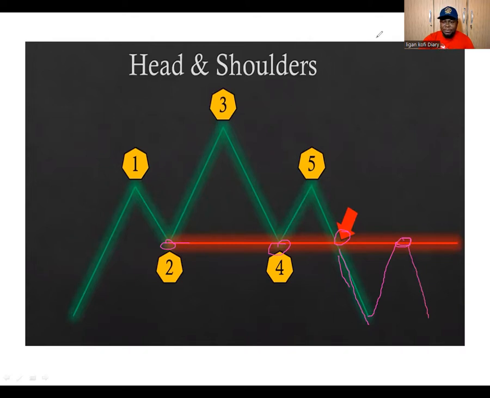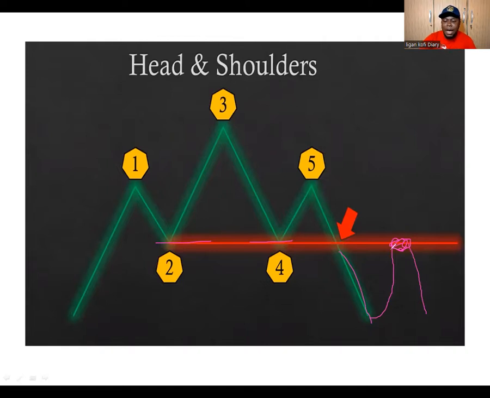I repeat, after it breaks this neck over here, and comes down here like this, and then it reverses back to that neck, whatever is going to be the action of the price over here will determine whether you should enter a sell or not.